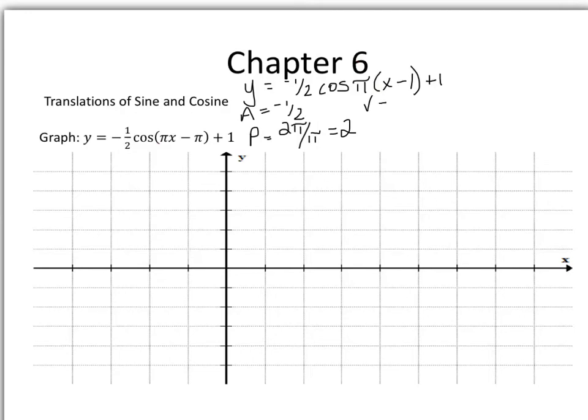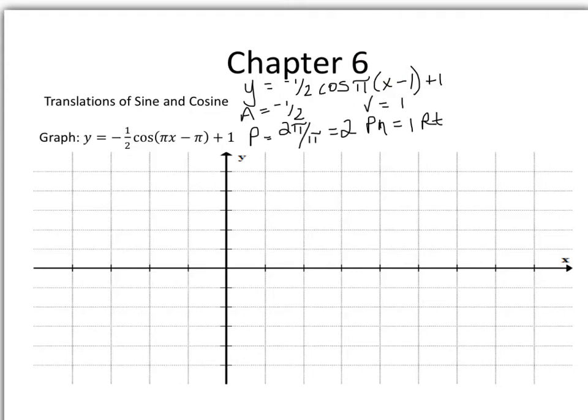The vertical shift is up 1, and the phase shift is 1 to the right because of this minus 1 there.